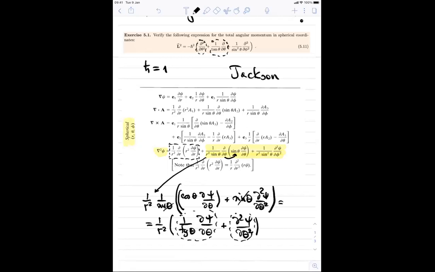And finally, this term here, which is 1 over sine squared, derivative with respect to phi twice. The only thing to notice is that there is an extra 1 over r squared everywhere, you see? So in essence, the Laplacian contains the angular momentum in the derivatives with respect to theta and phi.